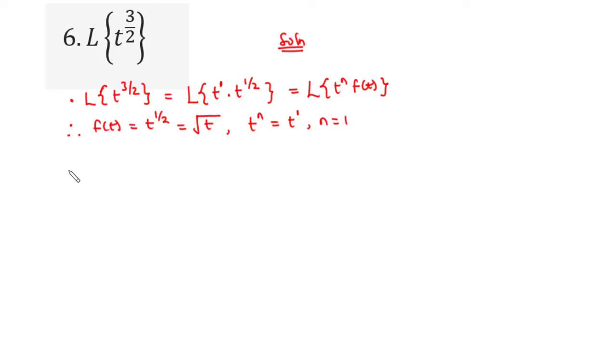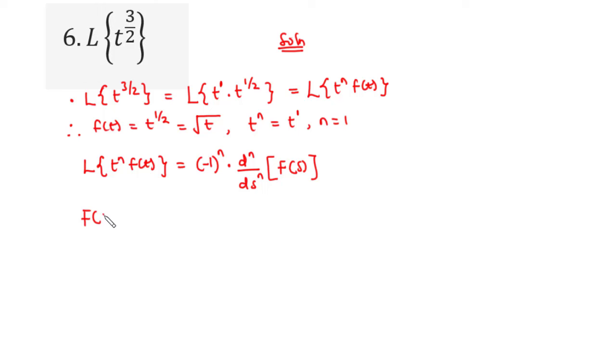Now, even before that, notice that the Laplace transform of the function t to the power n times f of t is given by (-1) to the power n times d to the power n over ds to the power n of F of s. So F of s is the Laplace transform of the function f of t, which is the square root of t.